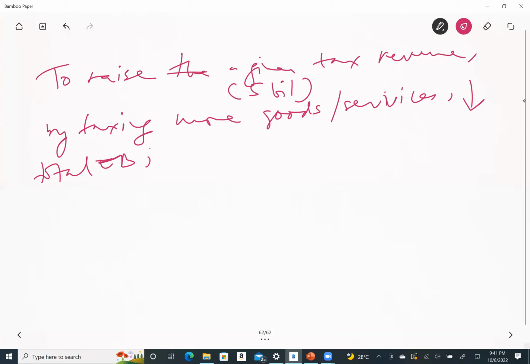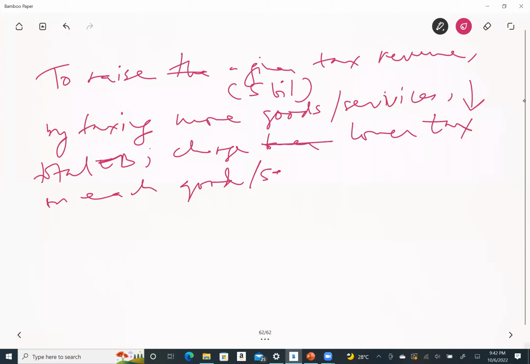And we can also charge lower tax on each good and service. So that is what you call, what was it just now? Broadening the base.